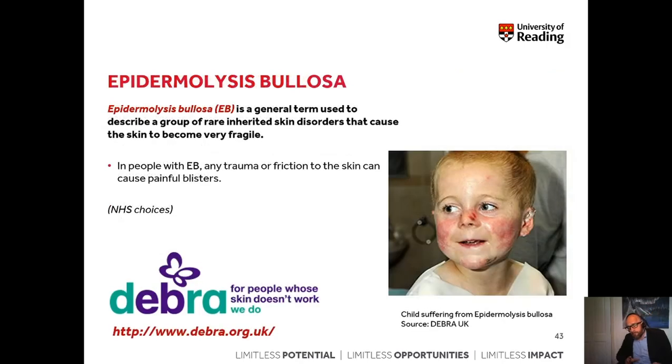The final example I would like to show you today, and this is a disorder I'm really passionate about, is epidermolysis bullosa. This is a very severe condition of the skin, and as you can see here, children suffering from epidermolysis bullosa develop chronic wounds in their skin, and they suffer from chronic pain and inflammation. So this is a very serious condition, and unfortunately, apart from wound care and wound management, there is no traditional treatment option.